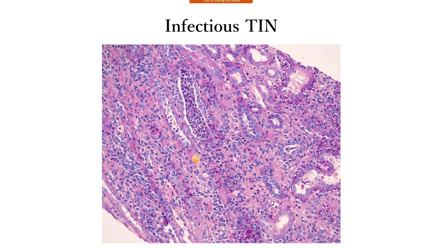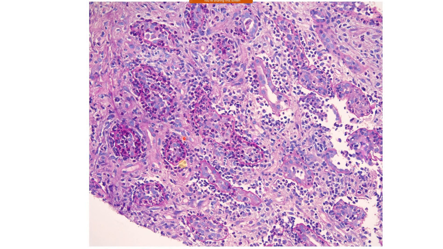You can easily imagine that this type of patient cannot be treated with steroid. That will kill the patient. So here's another area having lots of neutrophils, kind of hugging the tubular epithelial cells, and the tubular lumina having lots of dirty stuff, debris, or neutrophils.